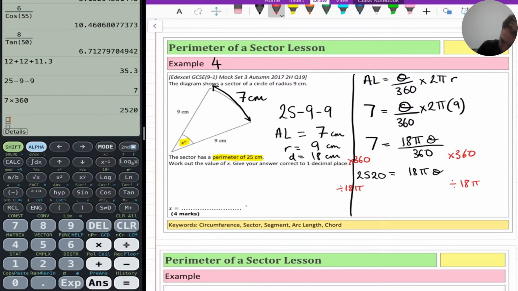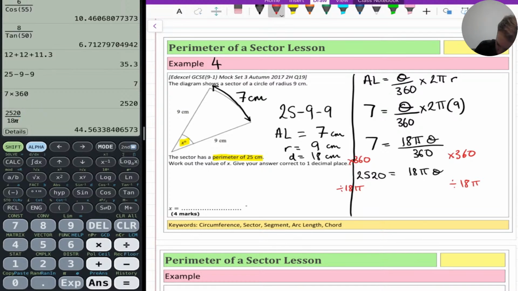So fraction button, 2520 divided by 18 pi is equal to theta, which is equal to, to one decimal place, 44.6 degrees.